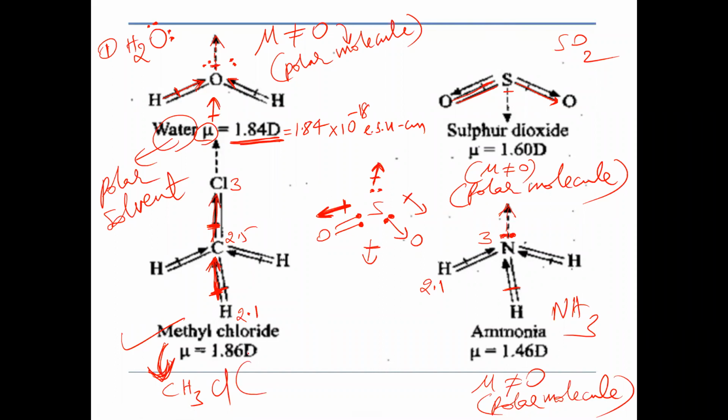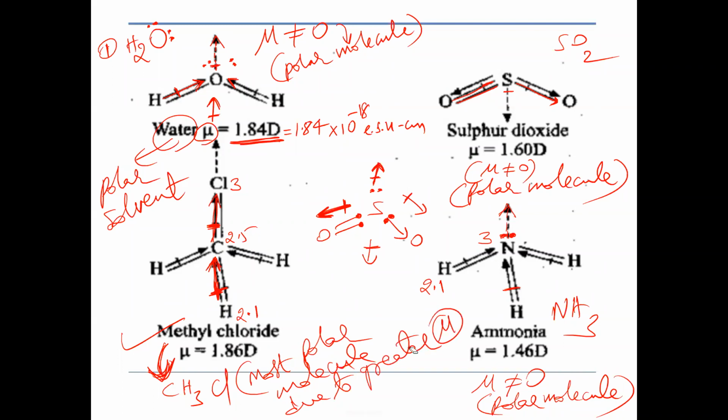Among these, 1.84, 1.86, 1.60, 1.46, which is the most polar molecule? Methyl chloride, due to its greater mu.